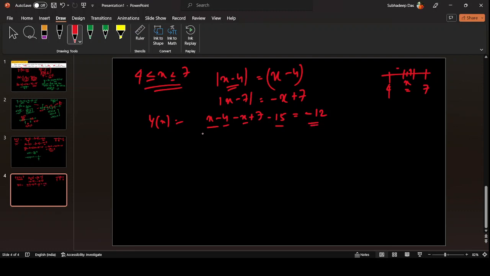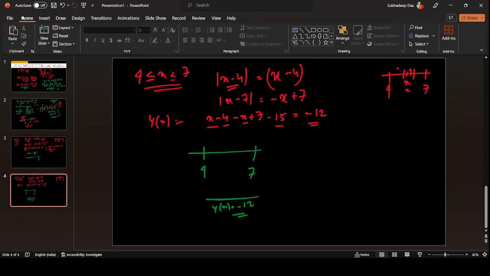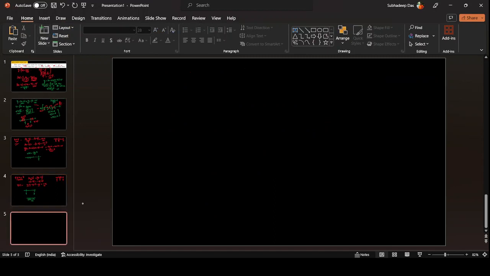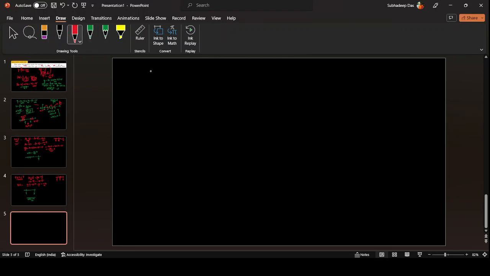So for this region, y(x) acts like a constant function, that is minus 12. Okay, and the last one, we consider the region x greater than 7.